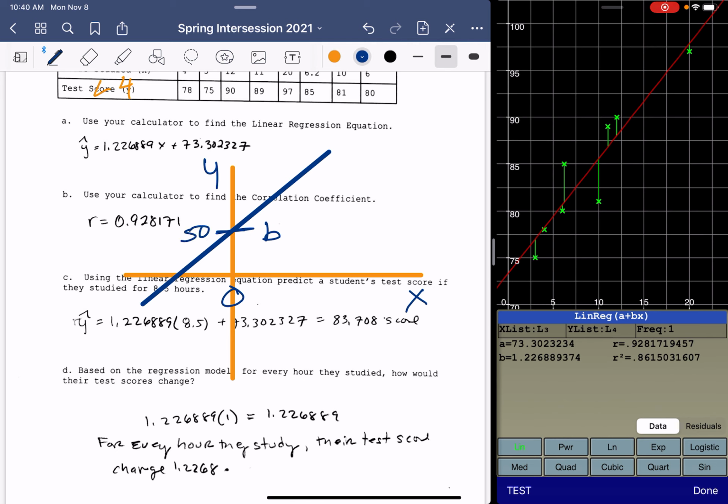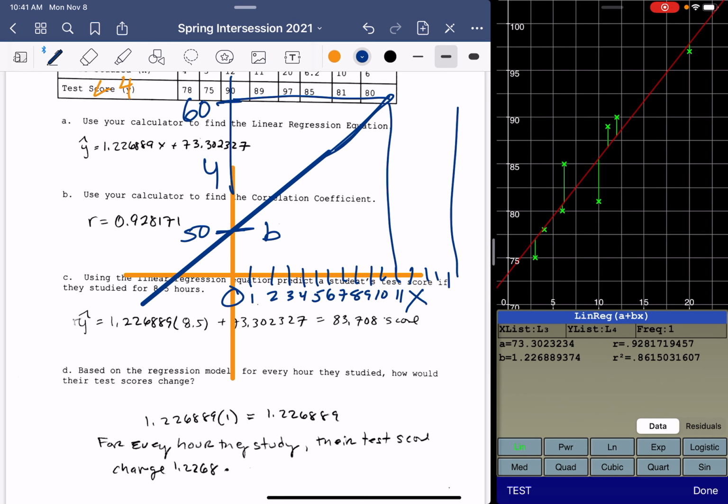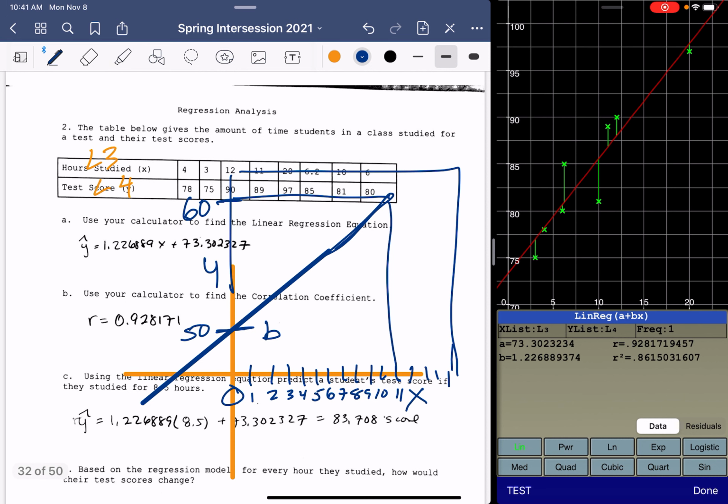And then as you study more hours, 1 hour, 2 hours, 3 hours, 4, 5, 6, 7, 8, 9, 10, 11, then after the 11th hour, maybe you'll be getting 60%. You see that? The more hours you spend, the higher you get. Then maybe 70, maybe after 20 hours.